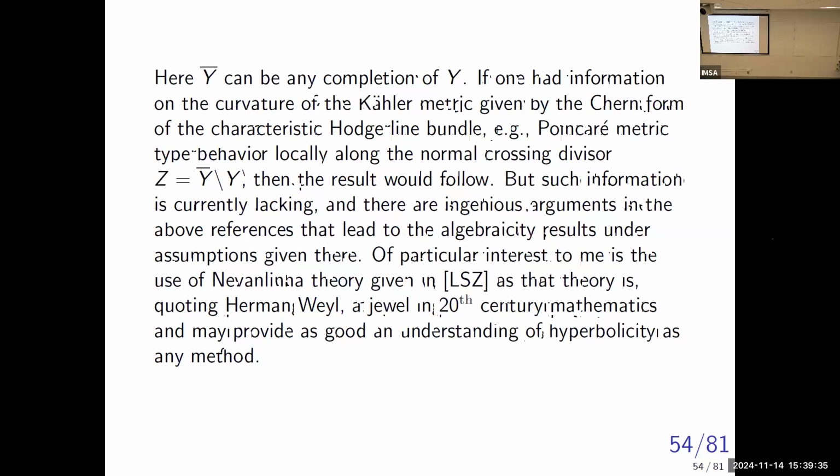The Nevanlinna counting function just counts the number of points in the inverse image. You're looking at it in a disk of radius r, so it's a function as r goes to infinity. And the defect of a point in P1 represents those points that are hit less often than they are on average. It's usually denoted delta of A, where A is a point in P1.